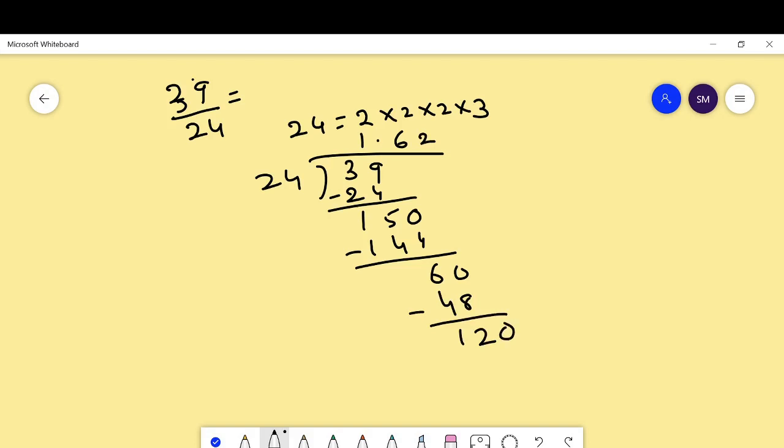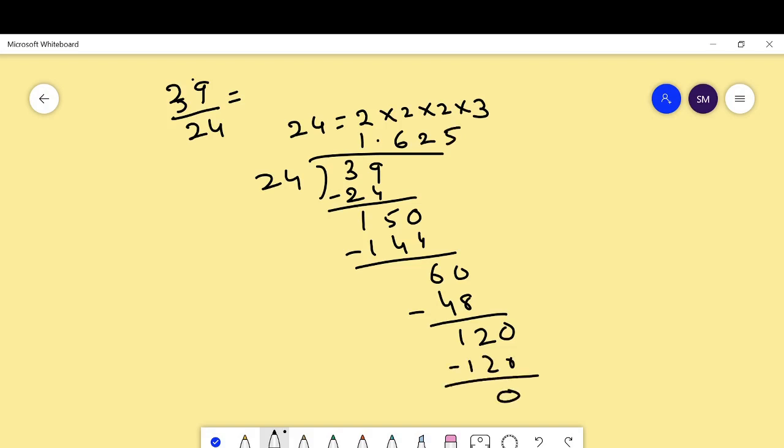Here we get this is equal to... this is a twist. Look at here. Here we get 120.